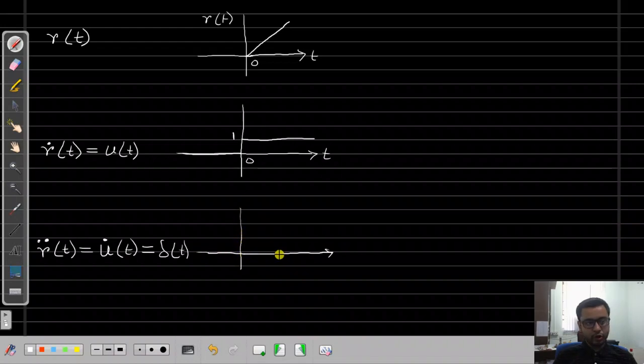It is 0 almost everywhere except at t equal to 0, which we indicate with the arrow.